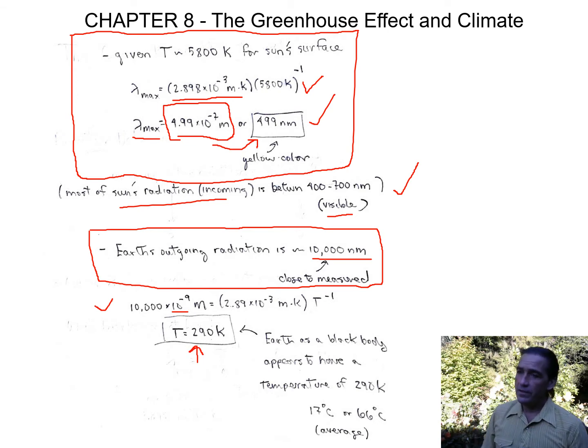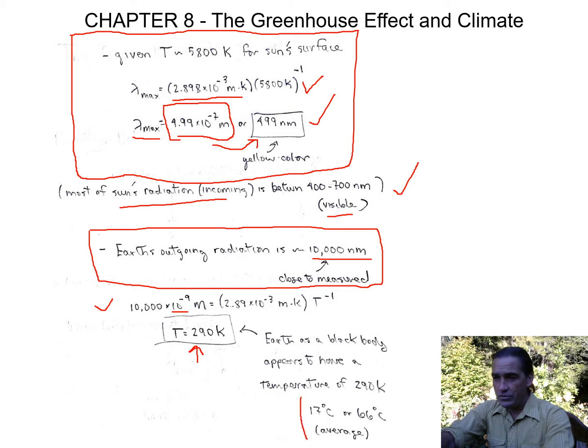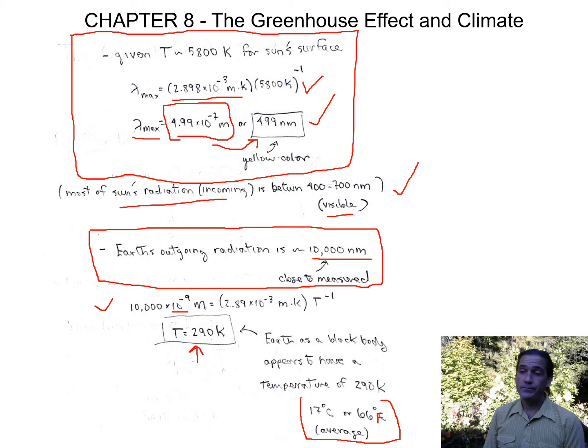So given the radiation that's being emitted from the Earth's surface, it appears that the Earth has a temperature on the surface of 290 Kelvin. And so that translates into 17 degrees C or 66 degrees Fahrenheit. So that sounds like a reasonable estimation of the average temperature on Earth.